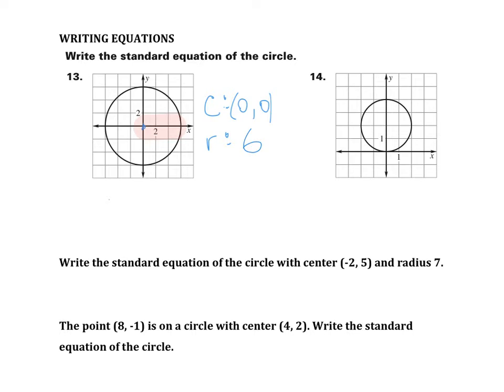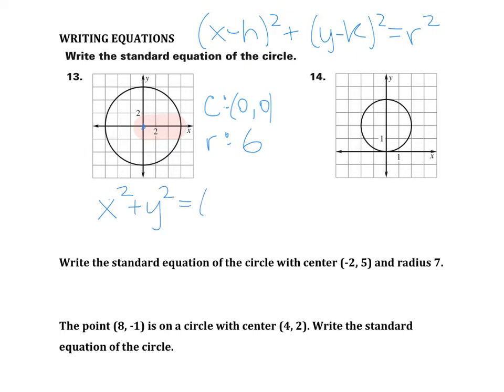And then standard form. If you remember, with the center being at 0, 0, the origin, you could just use x squared plus y squared equals r squared, which we just simplify to be 36.